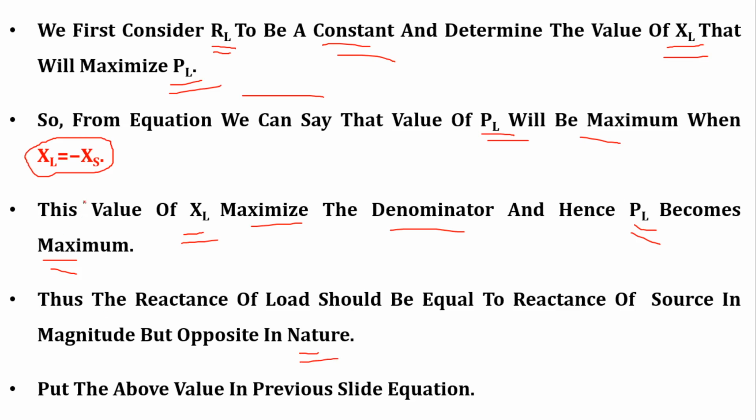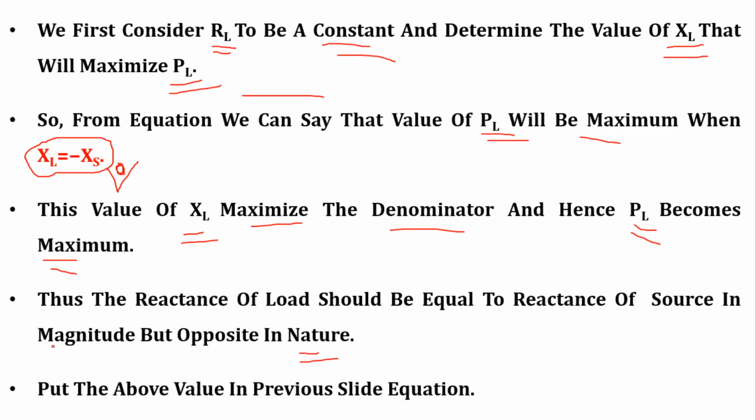So the maximum power transfer condition for variable reactance looks like this: XL is equal to minus XS.